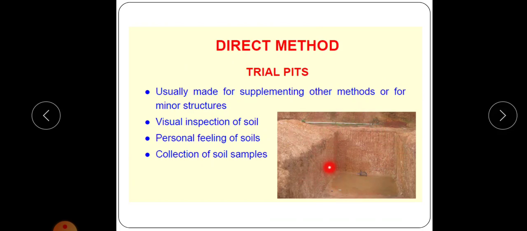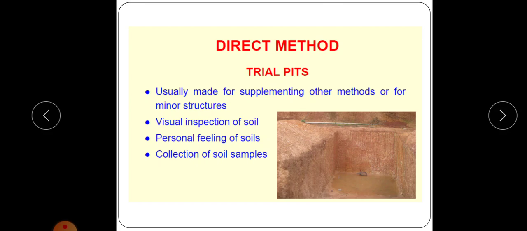These test pits and trenches, that is trial pits and trenches, can be excavated manually or mechanically. We can excavate these pits or trenches either manually or by using some machines, and adequate precautions should be taken against possible accidents due to caving of the ground. So it's very important.